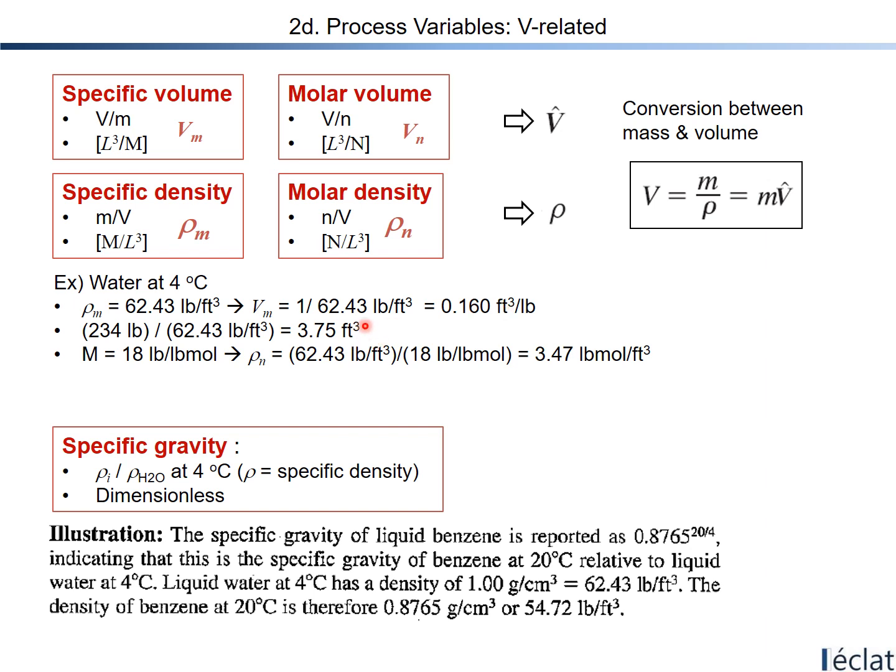Also, by using this kind of information, you can convert from mass to volume, or volume to mass, or moles to volume to moles. Here is the case. 234 pound you have, maybe water. And then what is the volume of this mass? So here is the density, specific density.